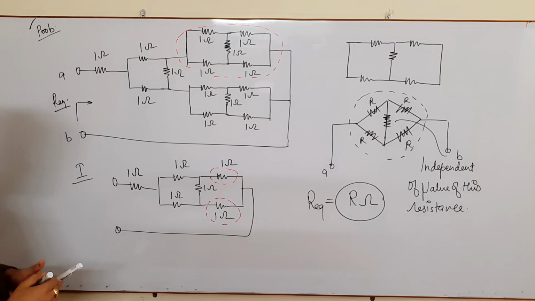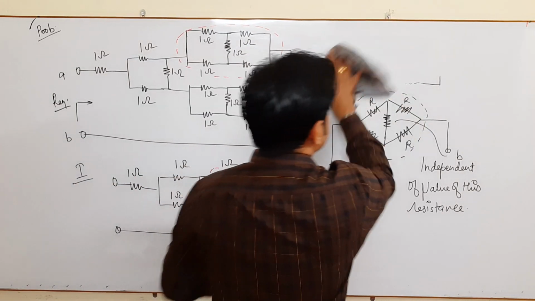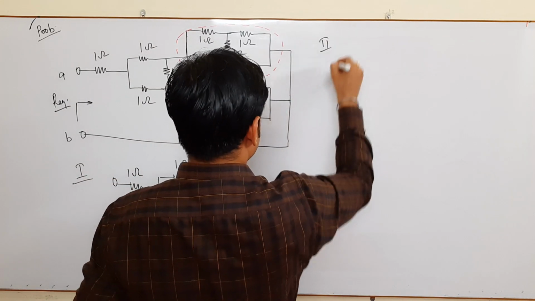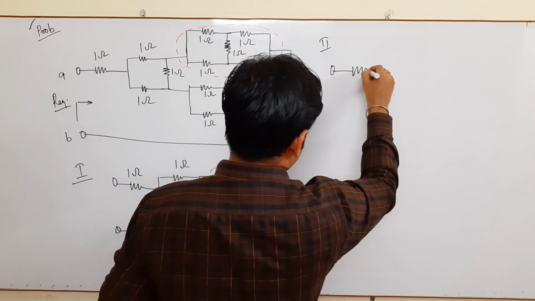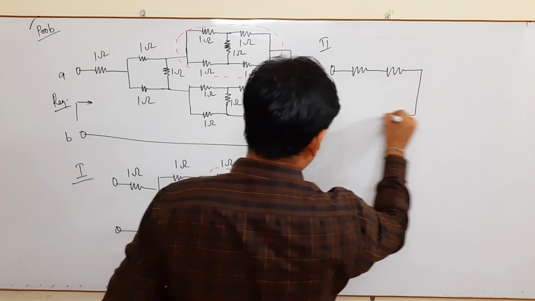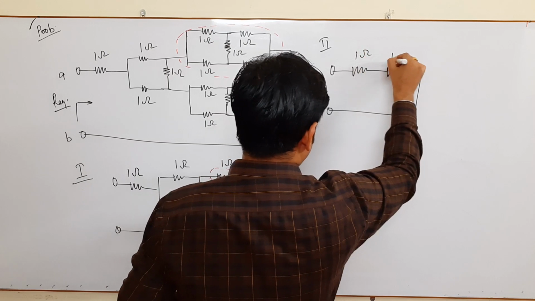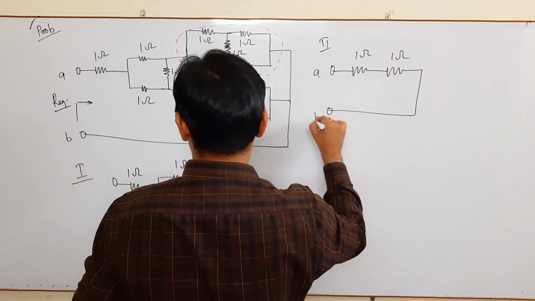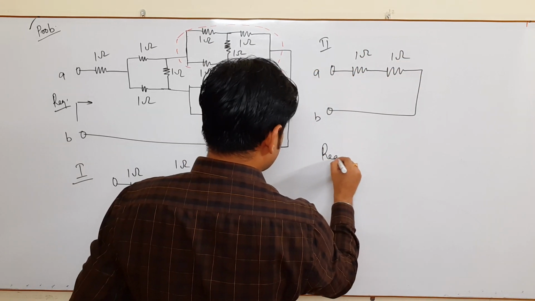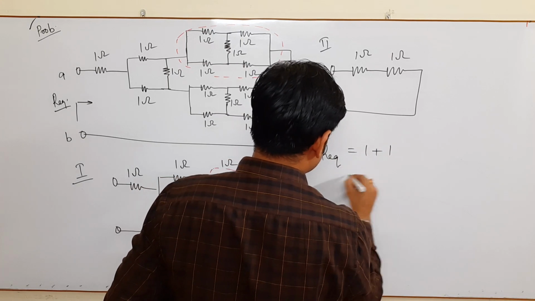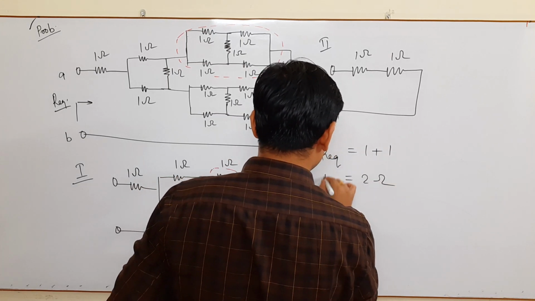So if once again we redraw this network, this is our second, that finally comes to be what? If you solve this, this is 1 ohm, this is 1 ohm, this is AB. So what is our equivalent? It's 1 plus 1, that comes to be 2 ohm.